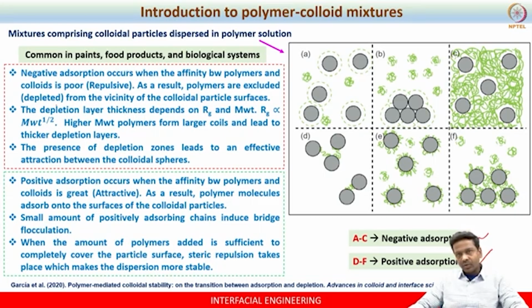And what is the consequence of that? Because some of the volume is not accessible to the polymer molecule, they will try to push these particles, compress these particles, so that they get more free volume. This process is spontaneous, and it is driven by entropy. This is an entropy driven energy minimization process.